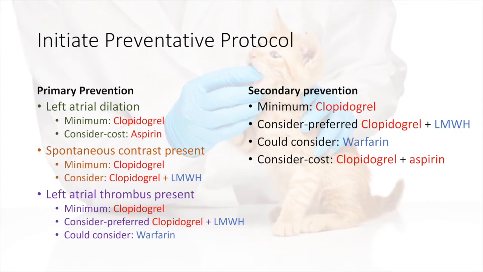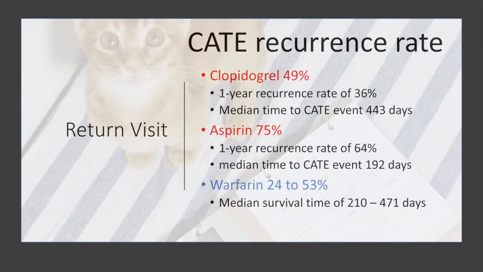Thankfully, preventative protocols are available for a variety of disease stages and financial concerns. And the phrase preventative protocol is appropriate because even with the best protocol in place, the best recurrence rates are still near 50%. Most cats who are diagnosed with thromboembolism will likely have another one sometime in their life.